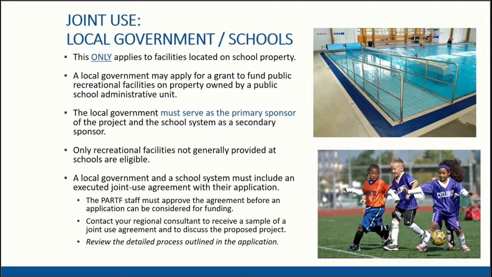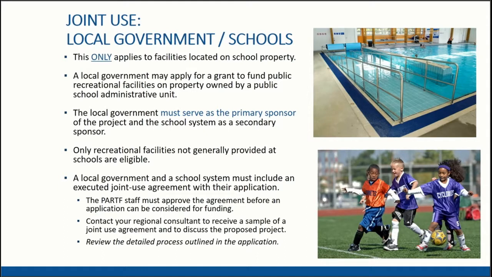The other part of this is that a local government and a school system must include an executed joint use agreement with this application. So the two parties have come together and have a joint use agreement, and it's been executed. You're not waiting on funding. It's already in place. So this should be reviewed by the PARTF staff before an application can be considered for funding.